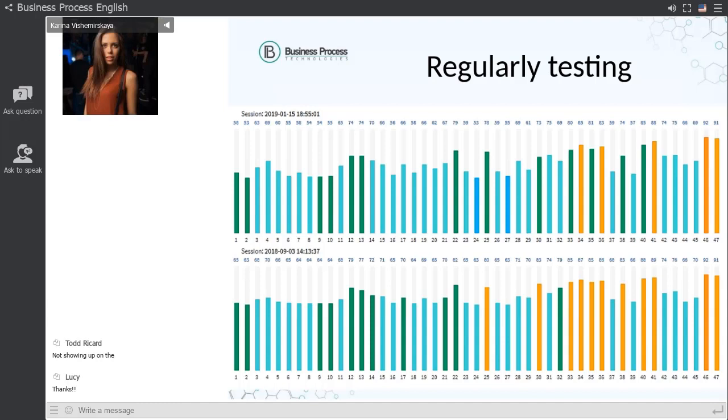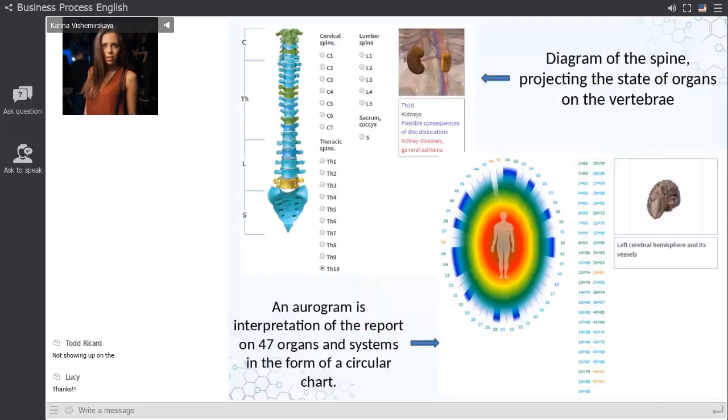And right now I will explain to you other parts of the analysis, but it's not as difficult as the one that we have already covered. So we have a spine diagram and we have an orogram. As I told before, the spine diagram is a projection of the organs and systems on our vertebrae.